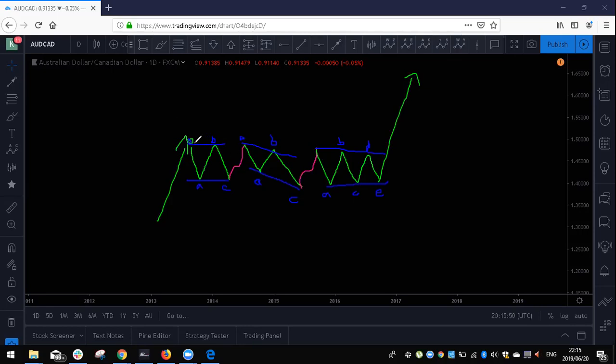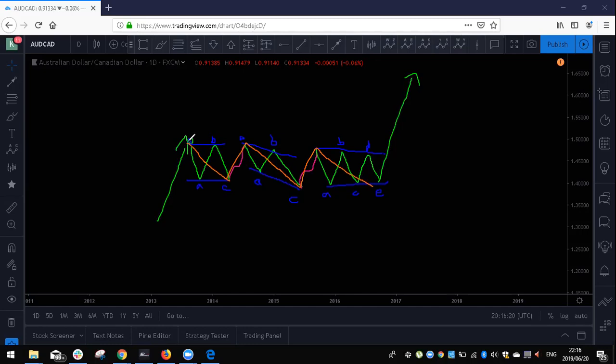What that means is, after this impulse, you take this as one correction, one line. Then you take this fake momentum as another line, and then you take the entire zigzag as one line. You're striking through the correction. Once you've identified the correction, you just strike through.